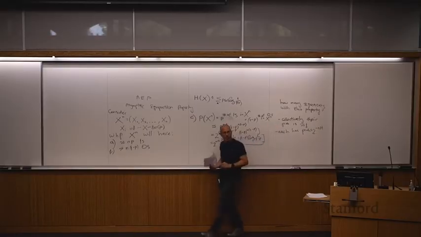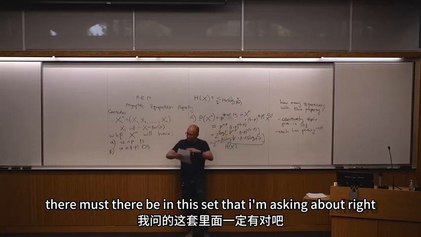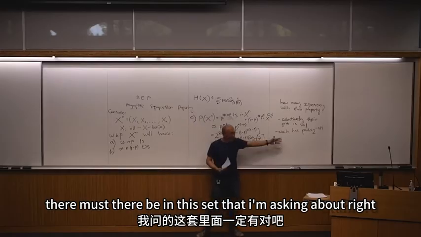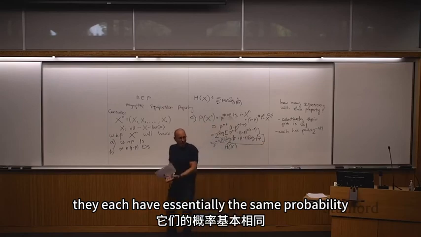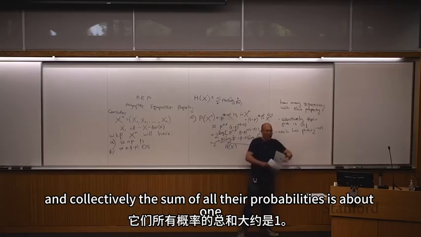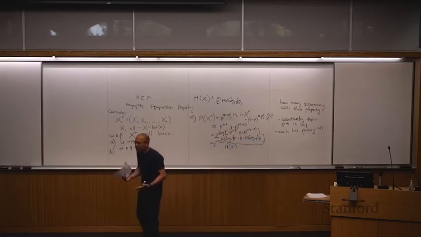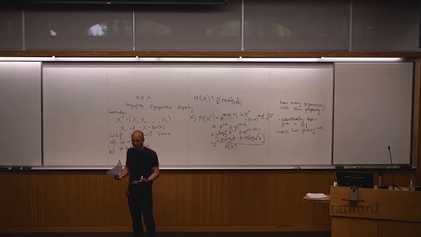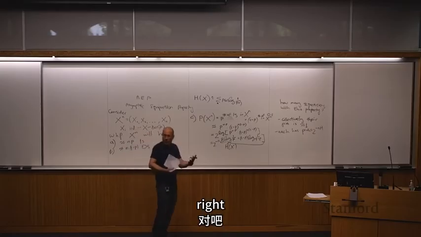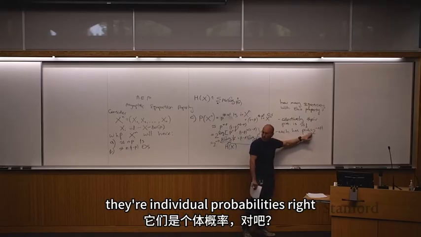So how many sequences must there be in this set? Essentially, 1 over their individual probabilities.